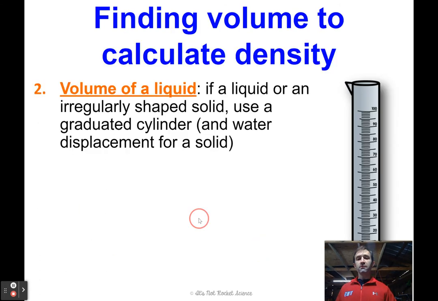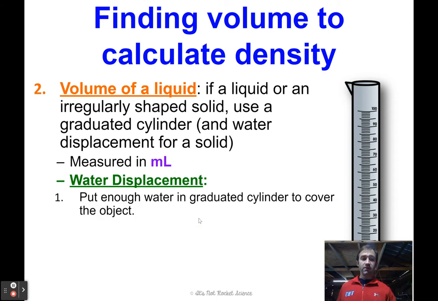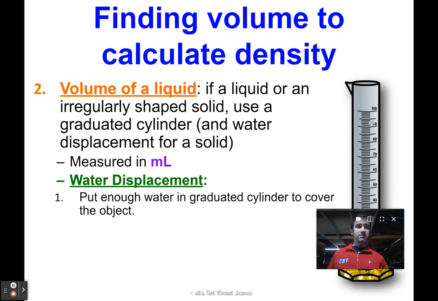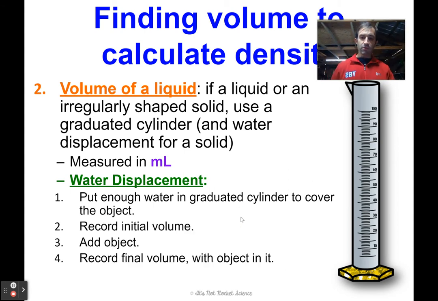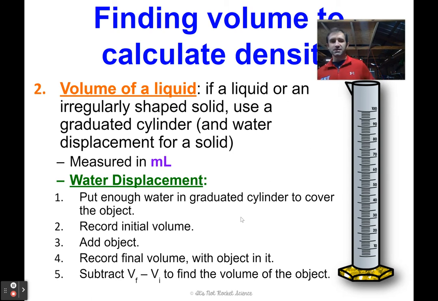So what about the volume of a liquid? We can use a graduated cylinder. We have graduated cylinders right there in the classroom, and we could use those to find the volume of a liquid. And this is really cool. I may mess this up, but I think it's Archimedes who was sitting in the bathtub, and this is the legend, he was figuring out how you find the volume of a weird shaped object.